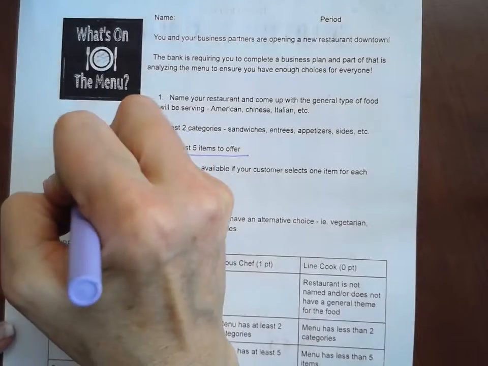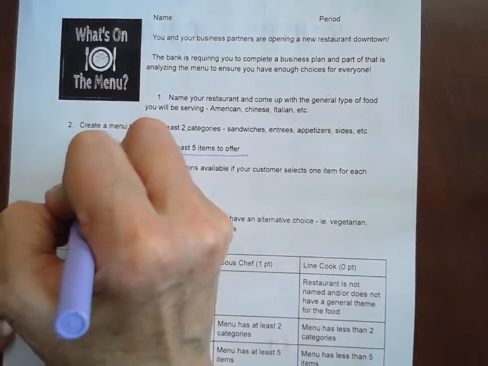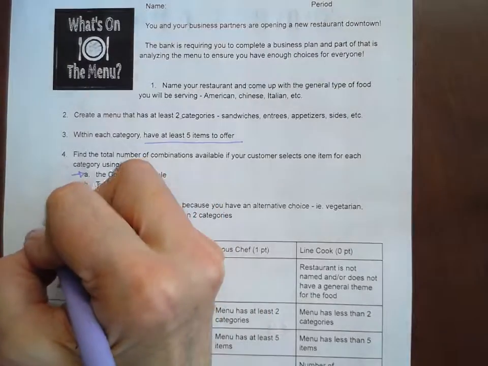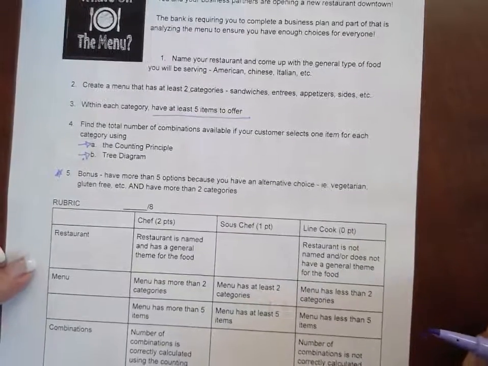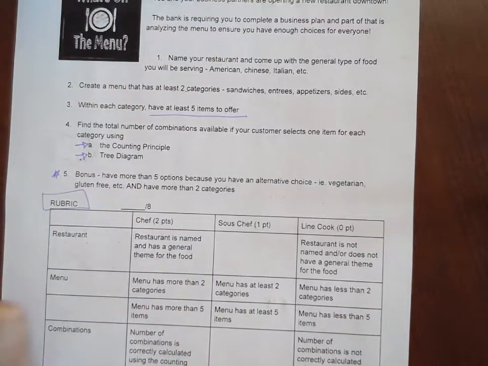You have to do it using the counting principle, and then you have to do it again using a tree diagram. So we just learned how to do it. Make sure you read the bonus opportunity and the rubric for the bonus opportunity.